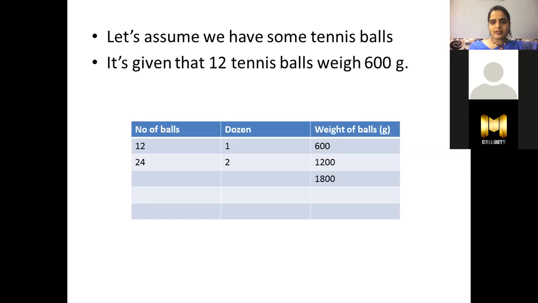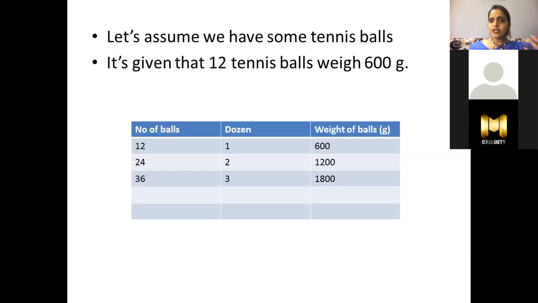Yes, so it will correspond to 36 balls, and 36 balls correspond to 3 dozen. So you can see that here, these three quantities, the unit dozen, the quantity of balls, and their weight, are interlinked.